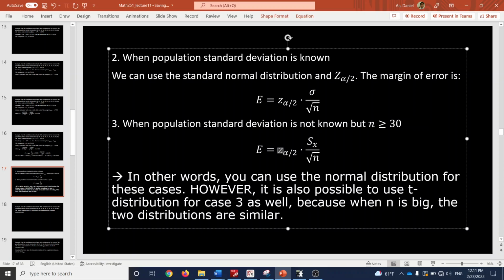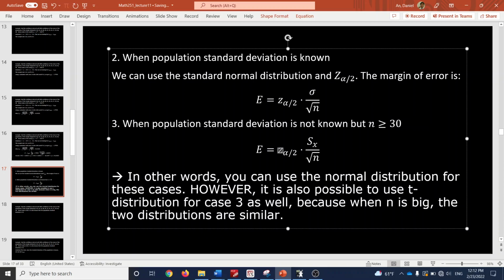And in some sense, using the t distribution is better, because the rule of thumb of saying, well, starting from 30, let's just use normal distribution, is because at that point, the t distribution becomes more and more like the normal distribution. So at some point, they are not distinguishable. They're off by like 0.001 or something.